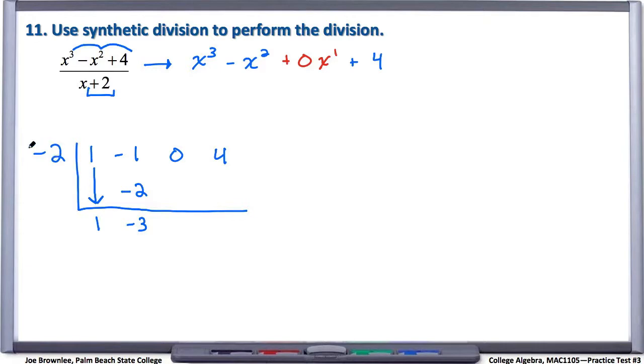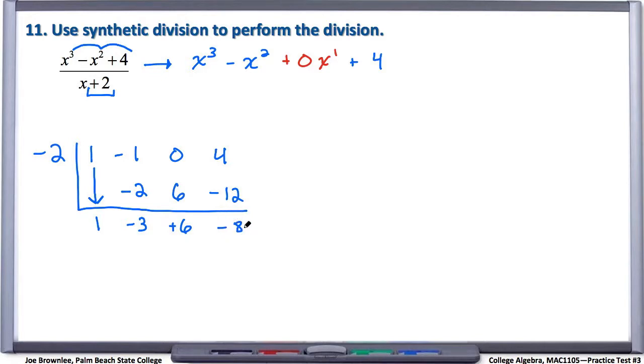We multiply again: -2 times -3 is +6. Add vertically again: 0 plus 6 is +6. We multiply again: -2 times +6 is -12. Finally, we add for the last time: 4 plus -12 is -8.